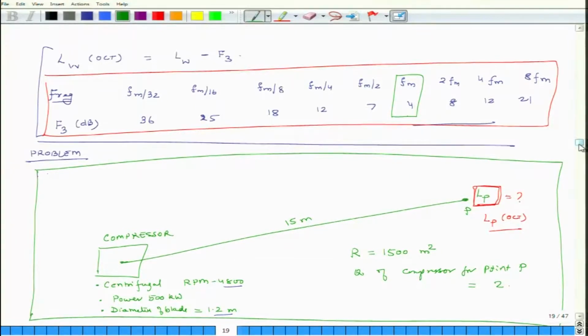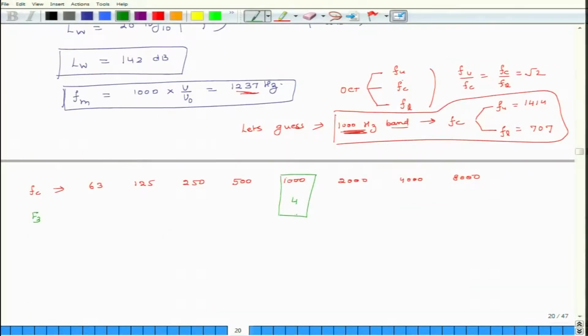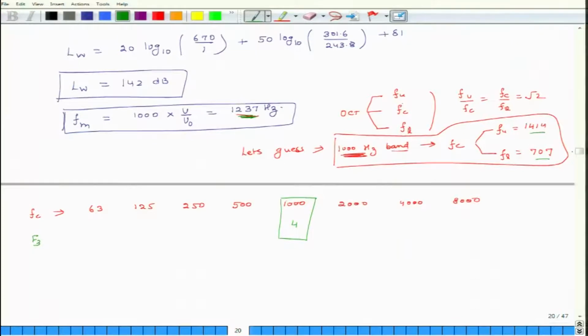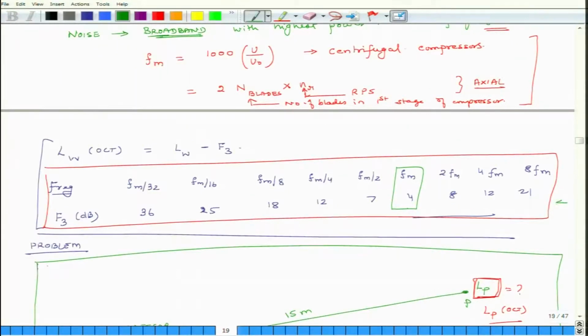Okay. And FM lies in which band? The 1000 hertz band, because FM is 1237 hertz, which is between 707 and 1414. And what is the factor associated with FM? 4 decibels. So, I put 4 decibels in the 1000 hertz band. This is the table which I have given you.